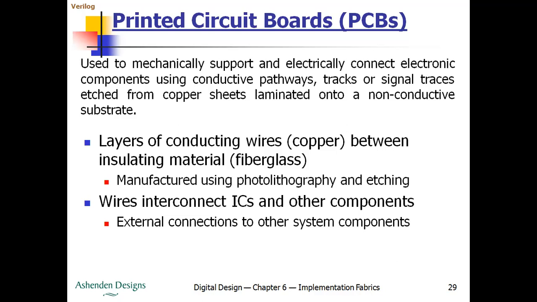Many layers are sandwiched together, and small holes are drilled and coated to form the connections called vias. So these wires are formed between the layers so as to have the connection between the different components.